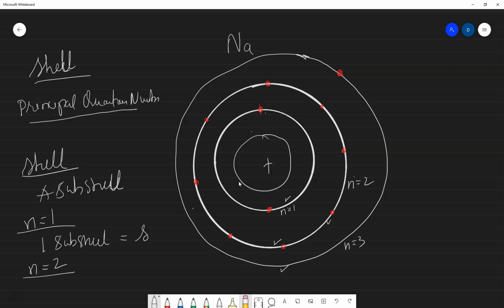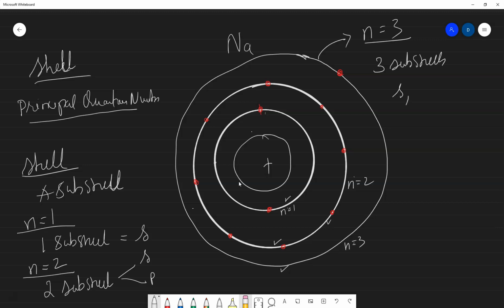Likewise, the next shell, you have to memorize these things. The next shell n equal to 2 has got 2 subshells, and the names of those subshells are S and P. The third shell has got 3 subshells: S subshell, P subshell, and D subshell.